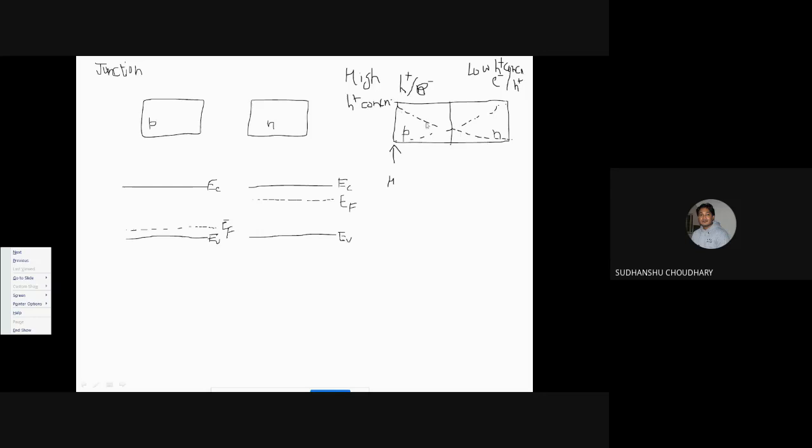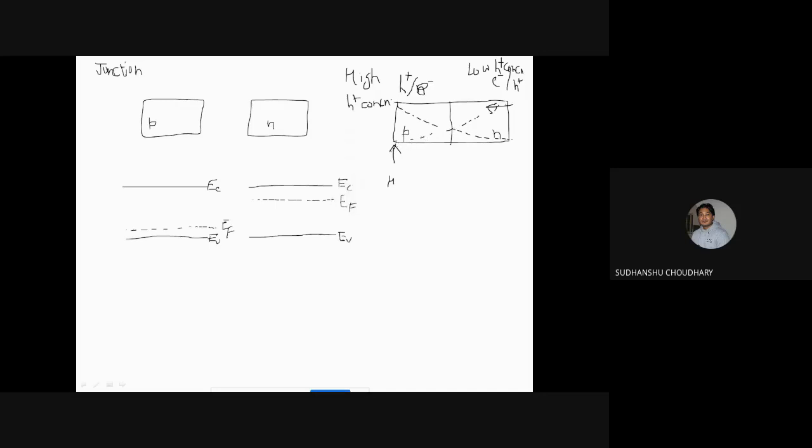Similarly, high concentration of holes to low concentration. As you move inside, at this edge of the N-type semiconductor, you will find the hole concentration further decreases. Similarly, when you move from this portion towards the P-type, you will find the hole concentration is decreasing.